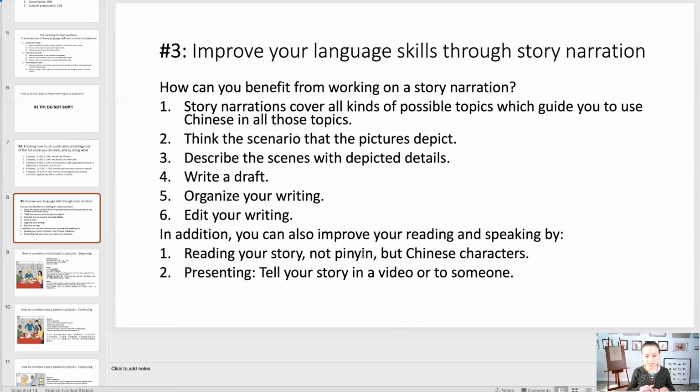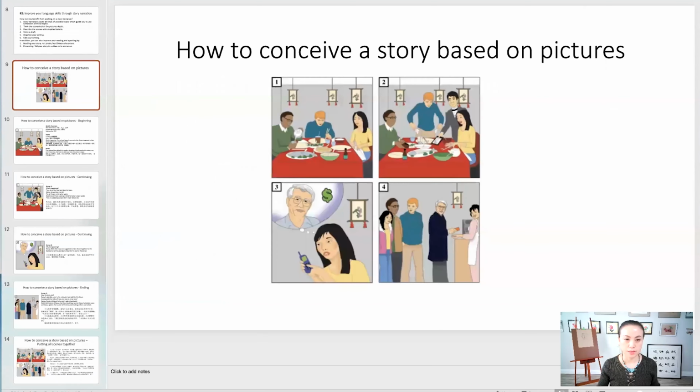You only need pinyin to know how to type characters. Even when you type, you need to recognize which character, which words you need. So please remember, you want to read Chinese characters, not pinyin. And also by presenting, tell your stories in a video or to someone. So this is how you can benefit from working on a story narration.